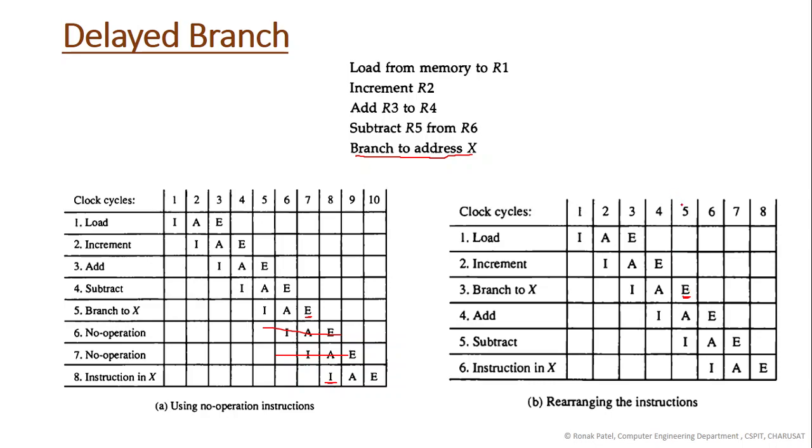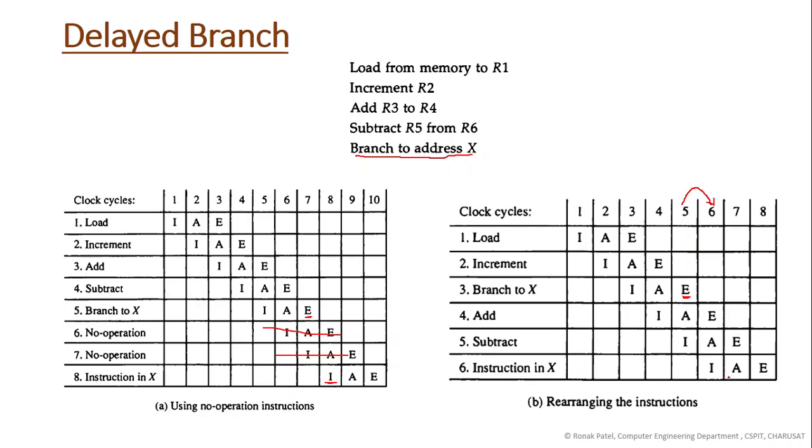The next cycle is 6, so in cycle 6 it will fetch the next instruction. If subtract were not starting from 5 but at 6, then that fetch operation would not be performed.